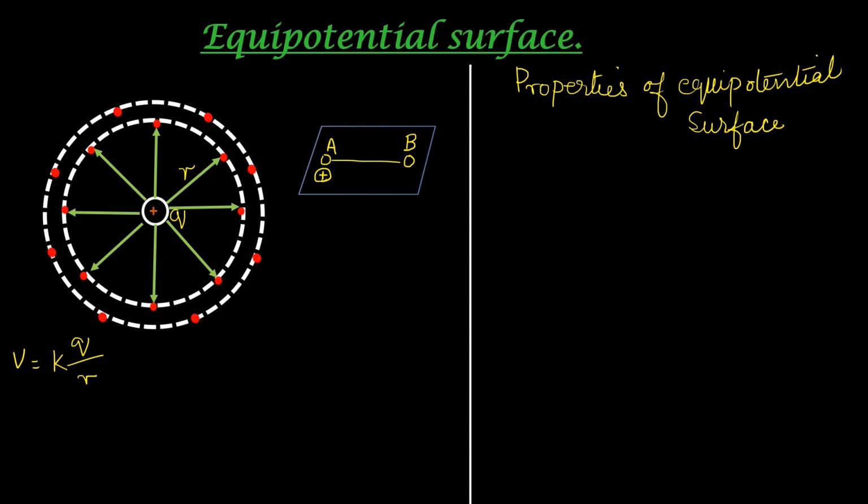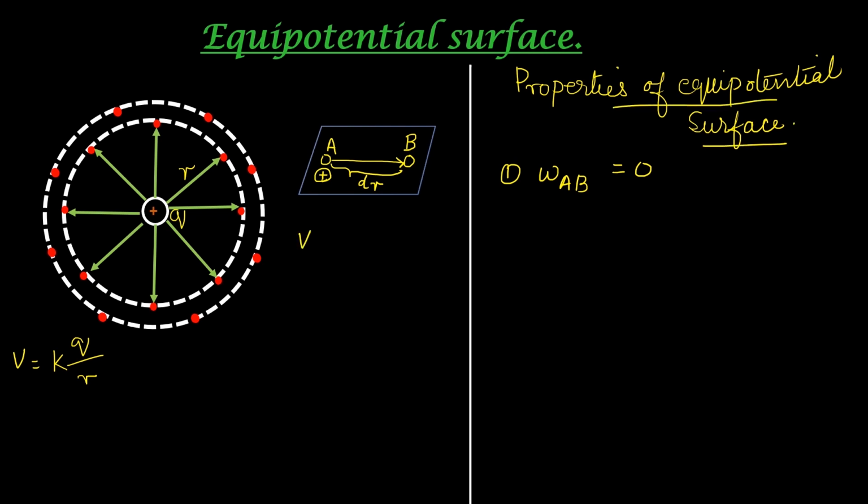Let the displacement be equal to dr and its direction is from A to B. The first property of equipotential surface is that work done to move a charge from one location to another on an equipotential surface is equal to 0. How can we prove this?